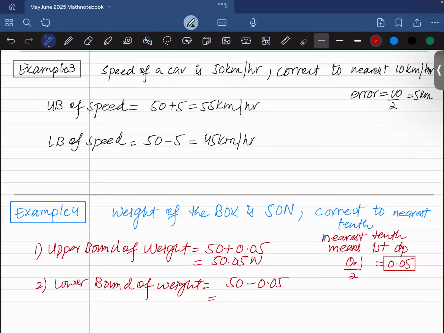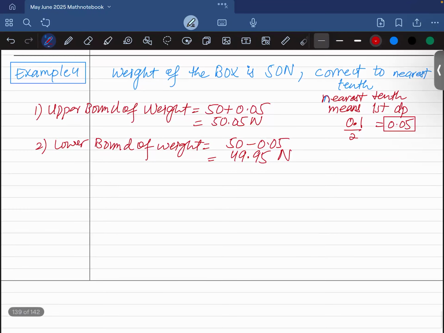So 50 minus 0.05 is 49.95 newtons. Try to understand that limits of accuracy means upper bound and lower bound. In case of upper bound, we add the error. In case of lower bound, we subtract the error. Is this clear, everybody, or not?